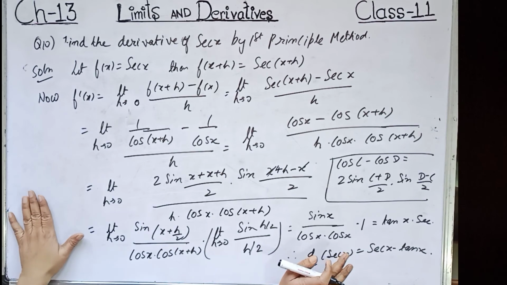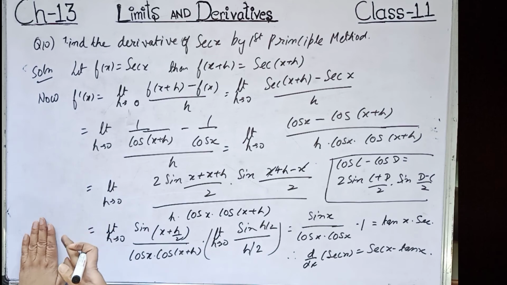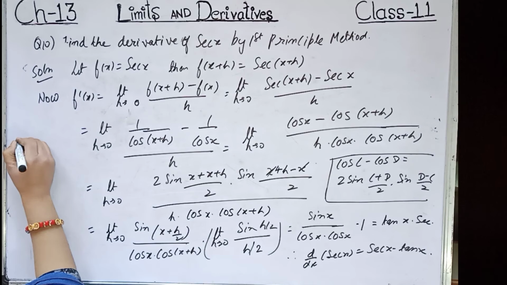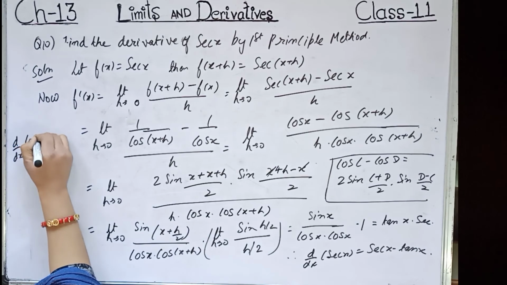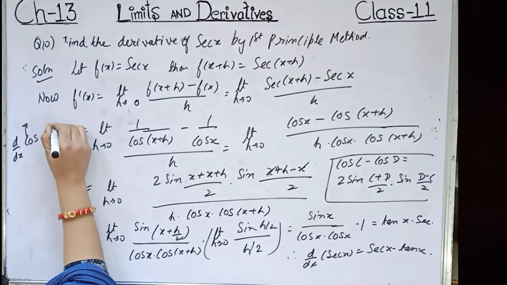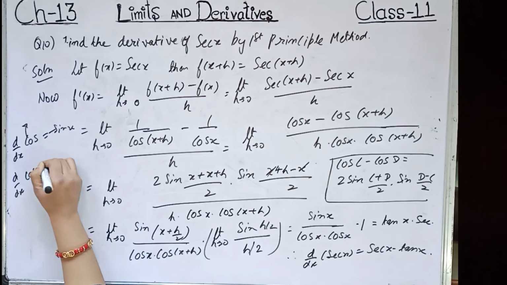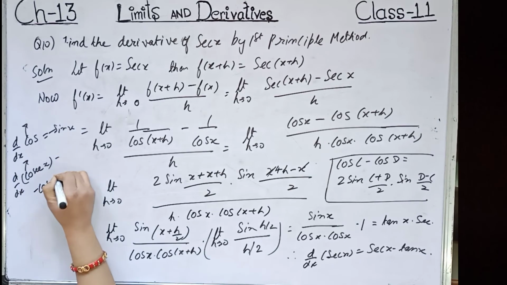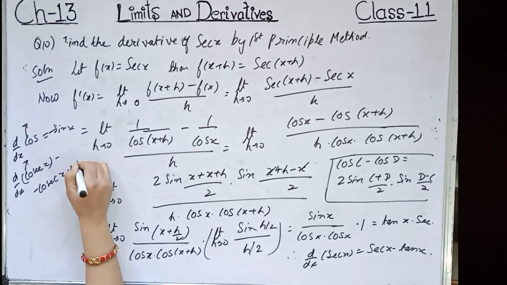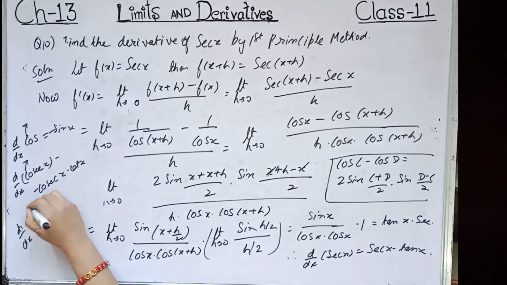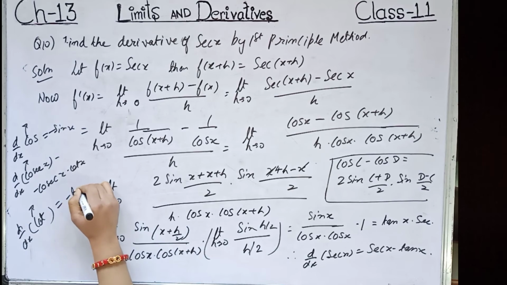Now keep in mind, for the trigonometric functions, whenever the name is starting with c, the answer will be coming as negative. I mean d by dx of cos x, starting with c, equals minus sin x, d by dx of cosec x equals minus cosec x into cot x, and d by dx of cot x equals minus of cosec squared x.